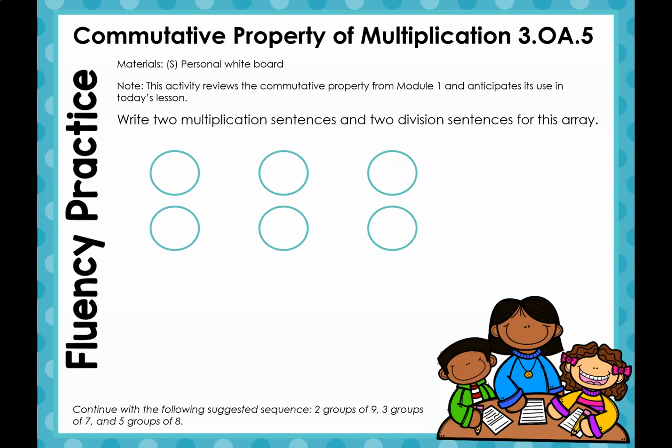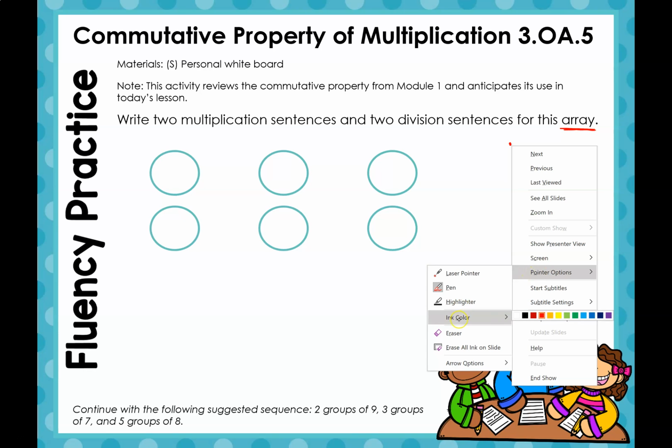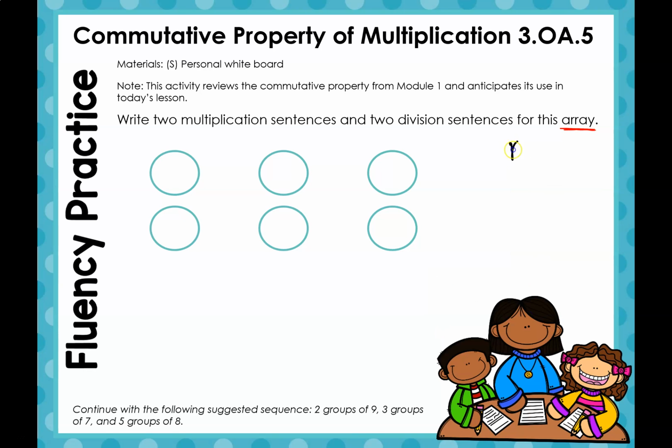Okay, so it says write 2 multiplication sentences and 2 division sentences for this array. Okay, it's been a while since we've used arrays, so let's look at what we see here. Okay, remember when I say the word row, always remember that a row is side to side.